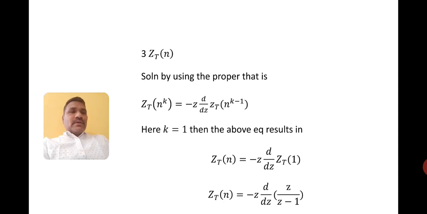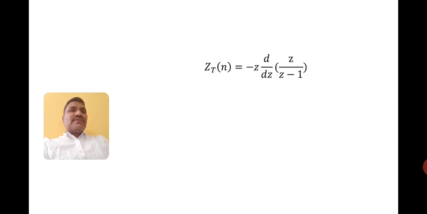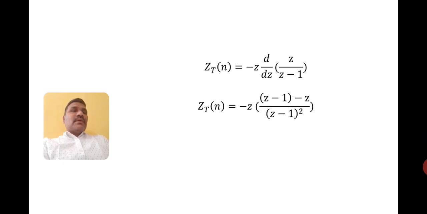You will get Z minus 1 minus Z, that is, 1 minus Z, over Z minus 1 whole to the power 2. After simplification, we get the Z transform of n as Z by Z minus 1 whole to the power 2, right?